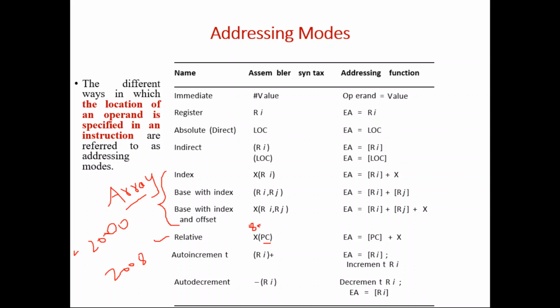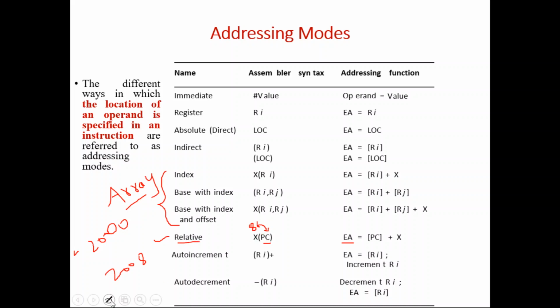It will add to the content of the program counter. Program counter is 2000, x is 8, so 2000 plus 8 is 2008. So the effective address will be calculated like that. Then the instruction at location 2008 will be executed. So you are executing an instruction which is relative to the content of the program counter. This is called relative addressing mode.